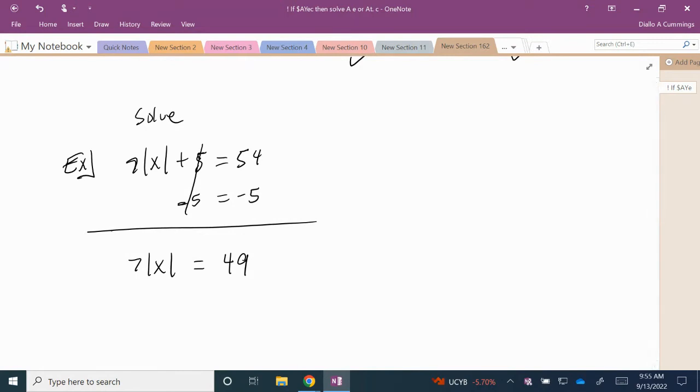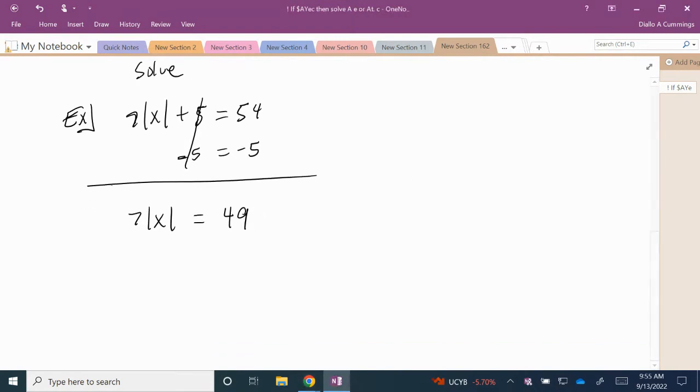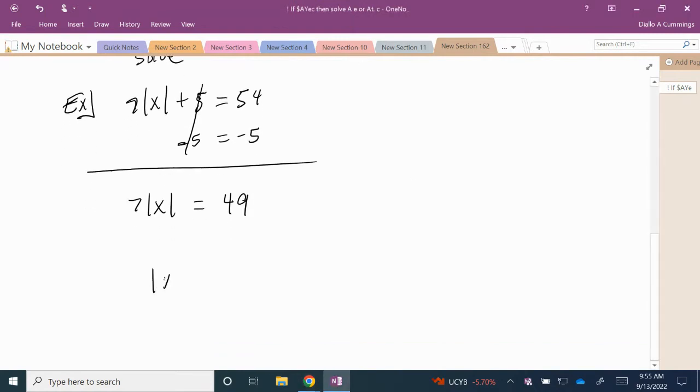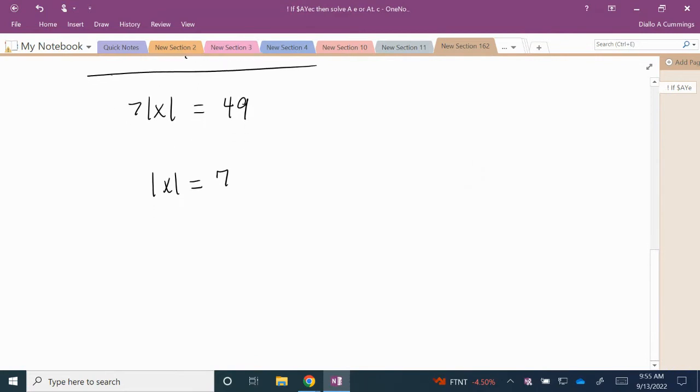Right? So we want to solve for the absolute value of x and not 7 times the absolute value of x. So the next thing we're going to do is divide both sides by 7. So we have the absolute value of x is equal to 7, right? By simply dividing both sides by 7.